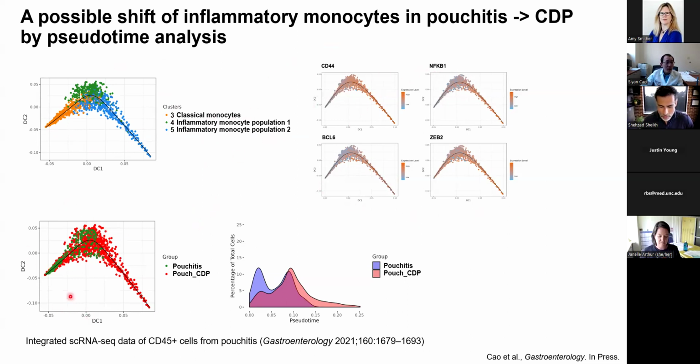In the lower panel, you can see that in the pouchitis tissues, most of the monocytes belong to cluster 3 and cluster 4. However, in the CDP tissue, there is a new monocyte population, cluster 5.